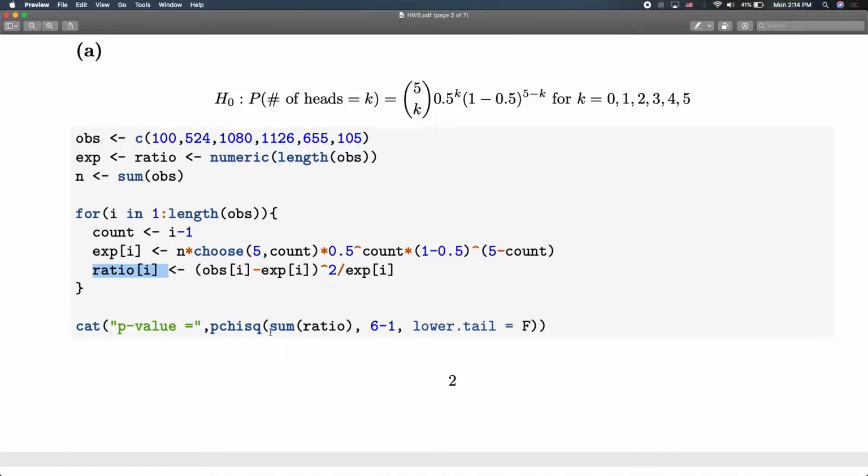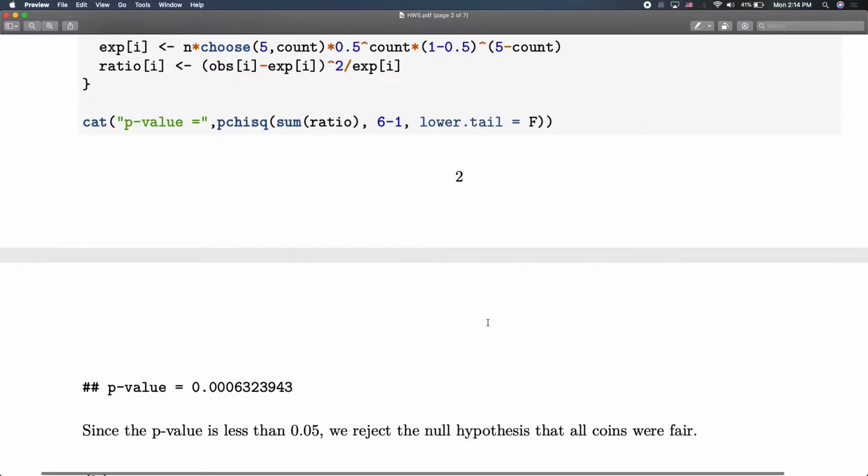The last step is to use the chi-square distribution, where the test statistic is the sum of the ratio, with degrees of freedom 6 minus 1, and lower tail equal to false. That gives us the p-value here, less than 0.05, so we reject the null.